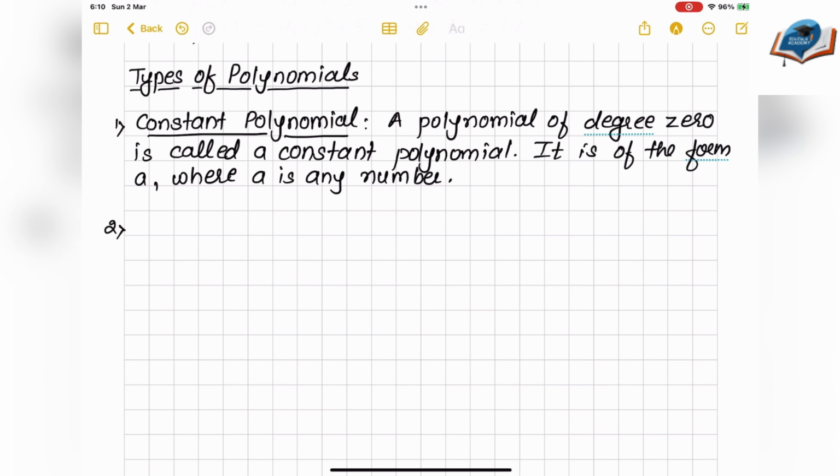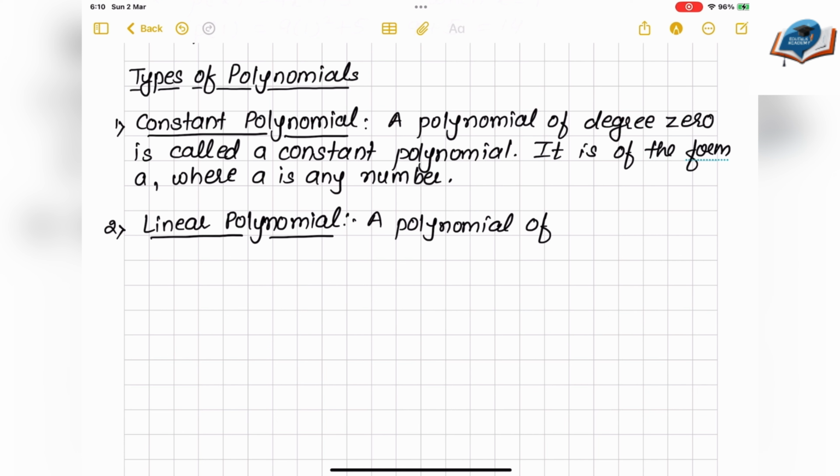Then second comes linear polynomial. A polynomial of degree 1 is called a linear polynomial.